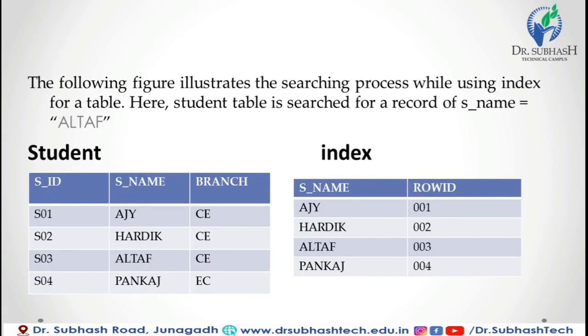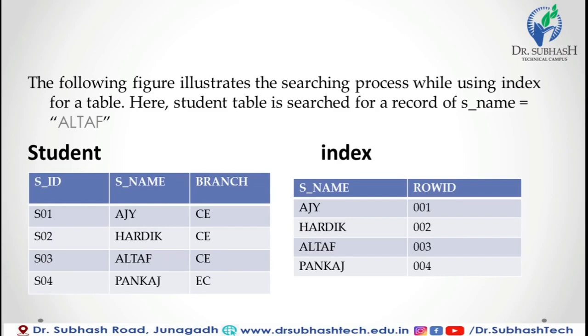The following figure shows the searching process of the index table. Our query is the same. I want to search for the record with student name Altaf. So when I fire my query, s_name equals Altaf, instead of the student table, the query is executed on the index.